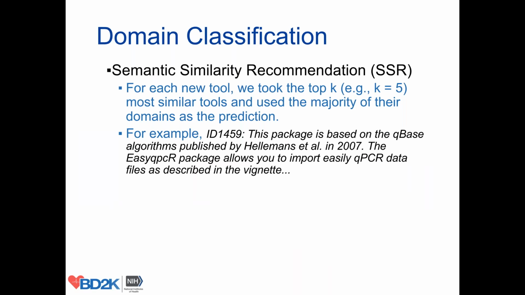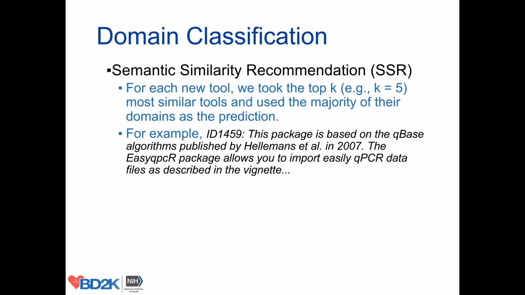Then we developed a method called semantic similarity recommendation to predict the domains. The tools are embedded into vector representations for similarity calculation. For each new tool, we take the top 5 most similar tools and use the majority of their domains as a prediction.